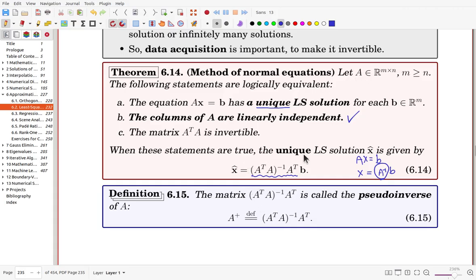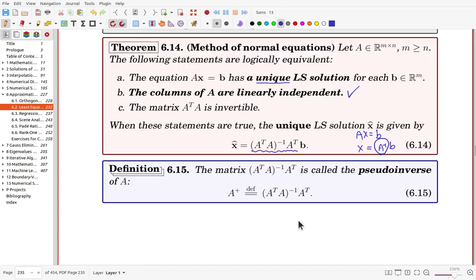So it looks like an inverse. So we call this portion the pseudo inverse of the matrix A. By using A plus, we define this part. So that is the pseudo inverse of the matrix A.